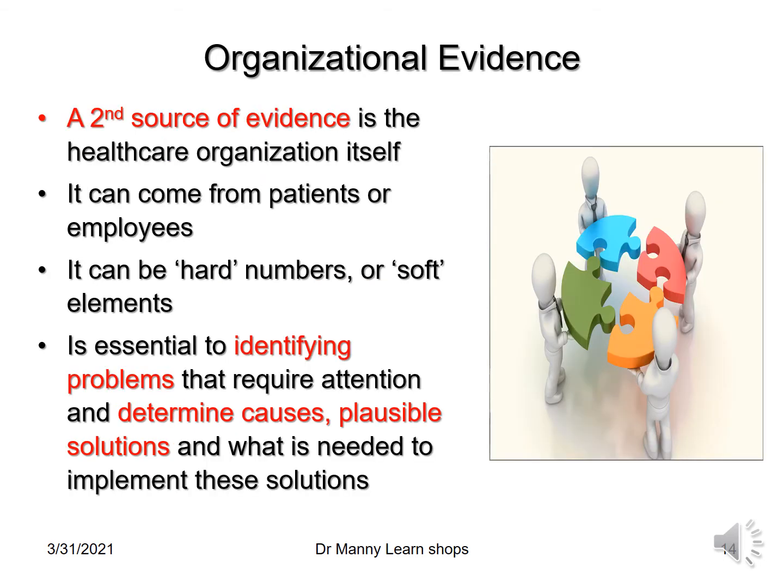Then you've got organisational evidence, and this is the second source. The second source of evidence is the healthcare organisation itself. And this information or evidence can come from patients or employees. It can be hard numbers or it can be soft elements. And it's essential in identifying problems that require attention and determining causes and solutions that are needed to implement these solutions.